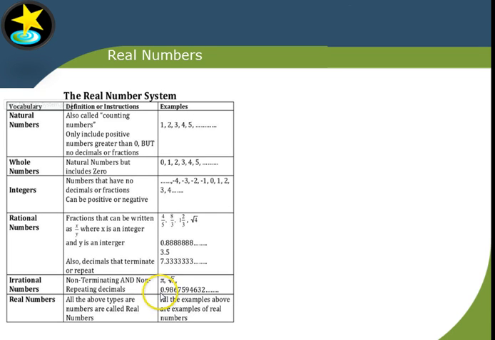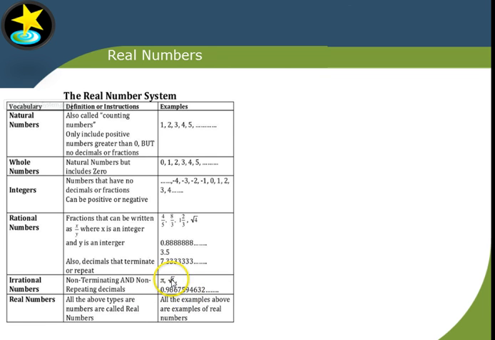For now, let's take this particular example. I have a decimal number 0.9867594632 and so on. Now I see this is a decimal number which is not terminating, but it is not even repeating.